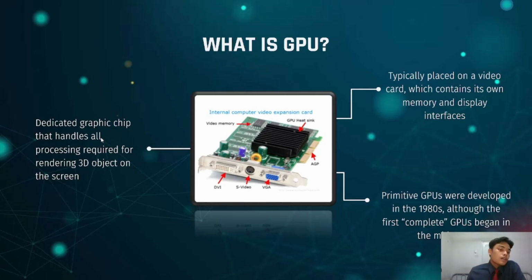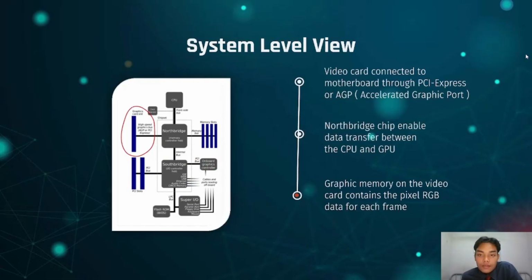Second, it is a dedicated graphics chip that handles all processing required for rendering 3D projects on the screen. And the last one, we have the brief history of the GPU. Primitive GPUs were developed in the 1980s, although the first complete GPUs began in the mid 1990s.